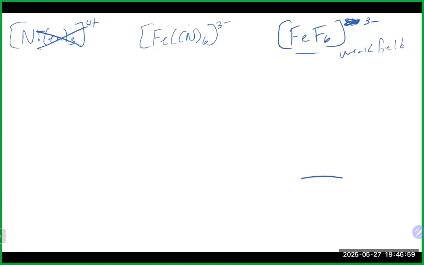So in these cases here, we have CN minus, which is -1. That's a -6 for all 6. We only got -3 left over. So our iron is +3, and I believe it's also going to be +3 in this guy as well. That's going to be a -1, and there's 6 of them, gives you a -6. -3 gives you a +3.